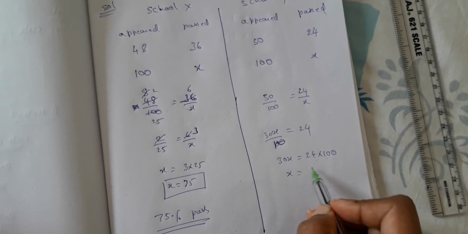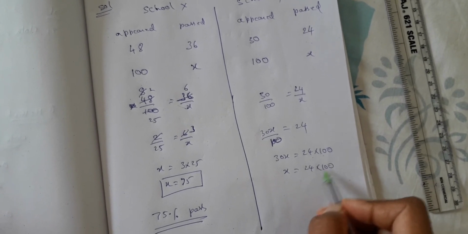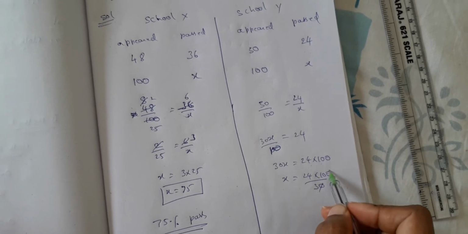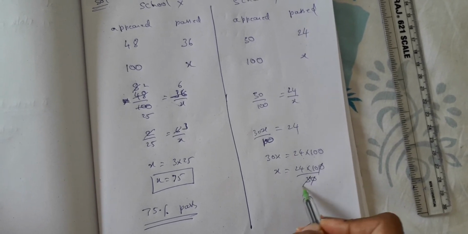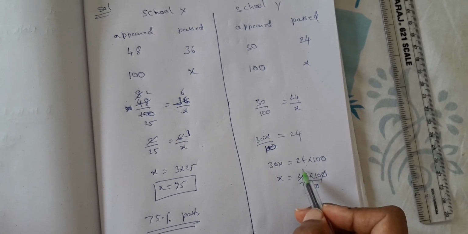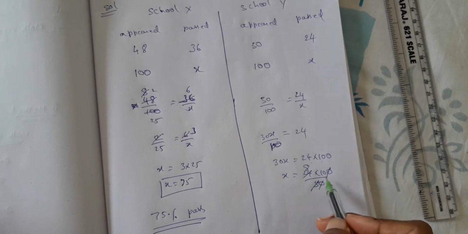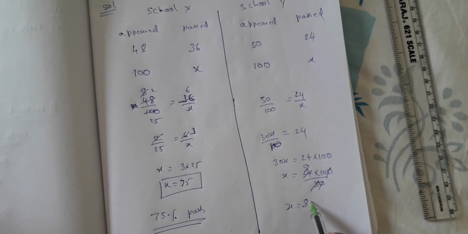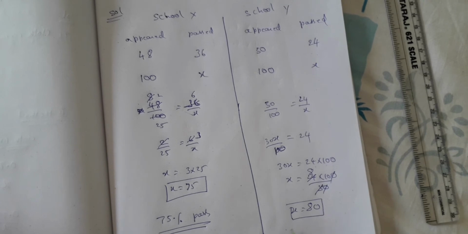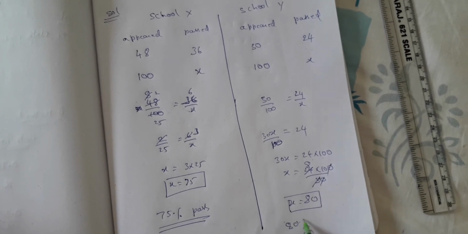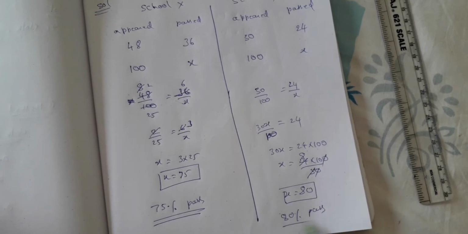Now transpose 30: 24 into 100 by 30. I am doing the method which you may think comfortable. So 3 8s are 24. Now x is equal to 80. So school Y has 80% pass.